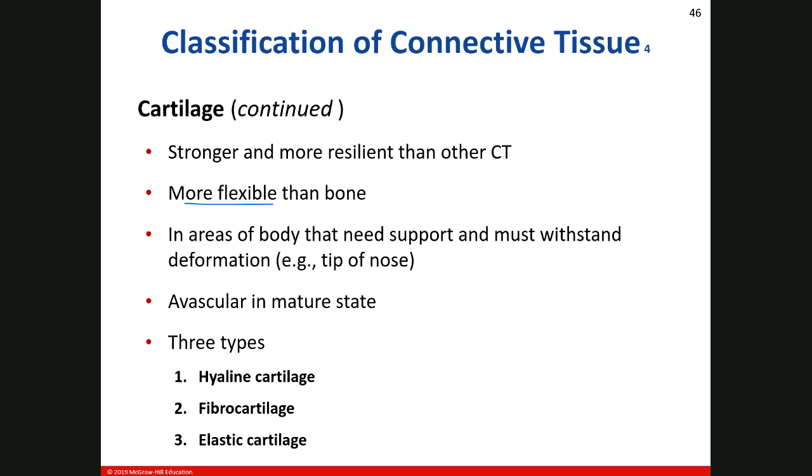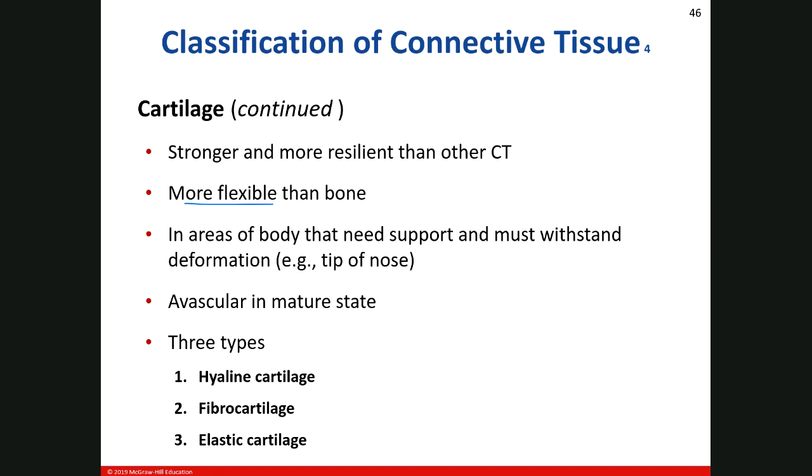A perfect example: when we did the skull, you noticed that you had a big opening where your nose used to be. Well, that's because that's cartilage there. So when you rub the tip of your nose, what you're rubbing is hyaline cartilage. If you push your nose to the side, it comes right back, or it doesn't break off or anything, because it's resilient to that type of force.